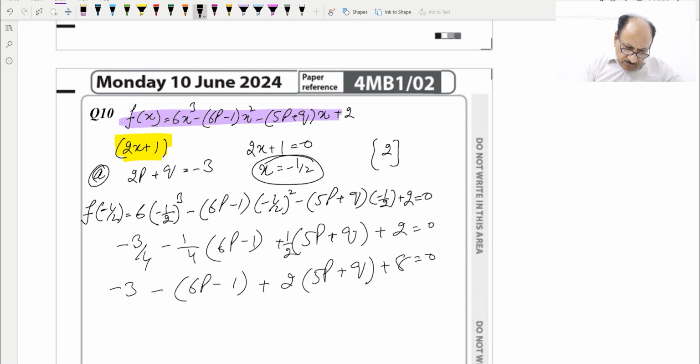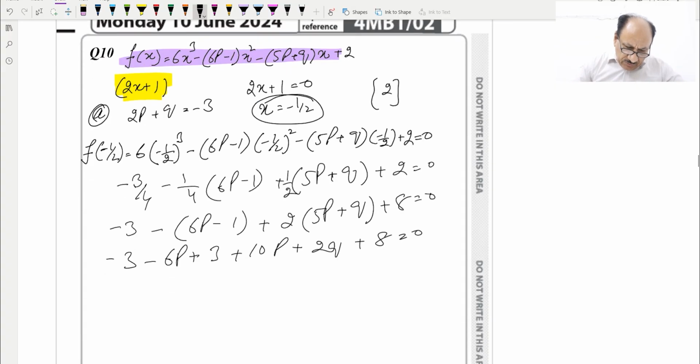Now we can open the brackets, and this will be minus 3 minus 6p plus 3 and plus 10p plus 2q plus 8 is equal to 0. So further we can simplify.